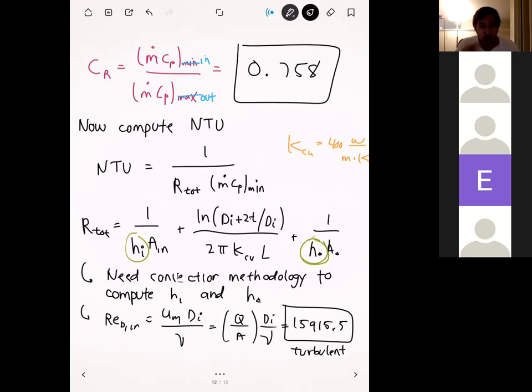Okay, and so now that we know the Reynolds number of the interior, let's compute the Reynolds number for the annulus. All right, and so for the annulus, remember, we have to multiply by the hydraulic diameter because that's what we typically do for these problems. Okay. And so just like before, we have times hydraulic diameter divided by viscosity. Okay.